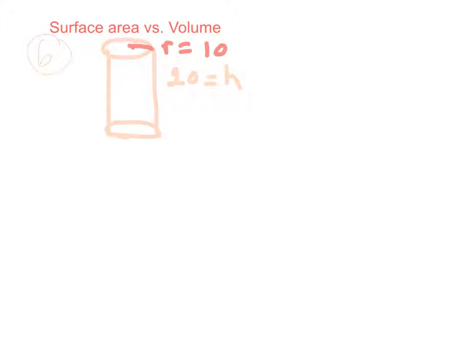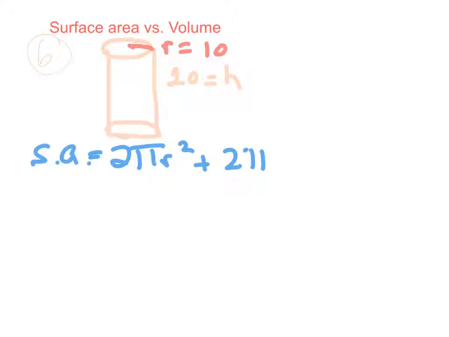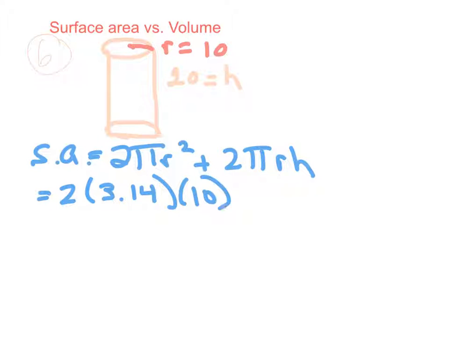So let's rewrite the surface area formula. Surface area is equal to 2 pi r squared plus 2 pi rh. So that's going to give us 2 times 3.14 times our radius of 10, which is the same as in the last problem, plus 2 times 3.14 times 10 times 20.